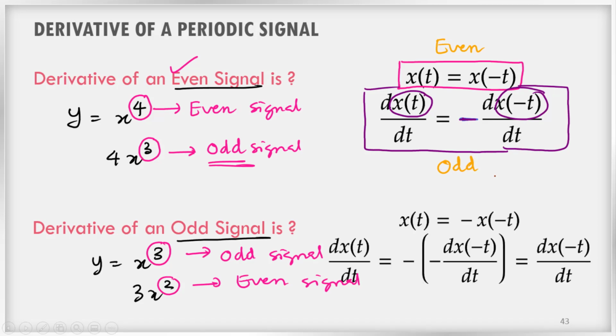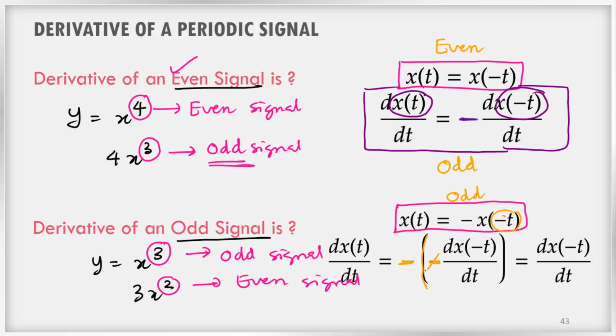A similar proof we can have for an odd signal also. Consider the signal here. Here you can see x of t is equal to minus x of minus t. This relation clearly shows that this signal satisfies the condition for an odd signal. Now if you take the derivative on the LHS and RHS, you can see that here it is dx(t)/dt, that's not a problem, but here it is minus of dx(minus t)/dt.